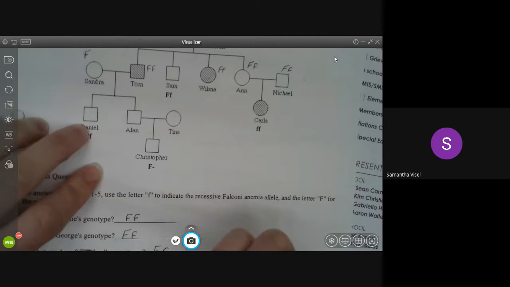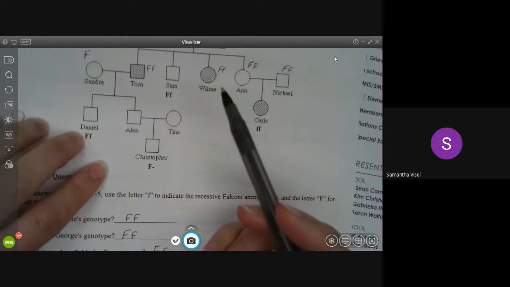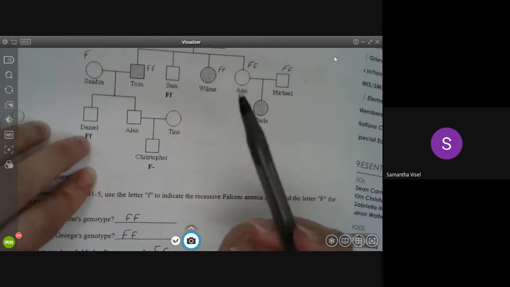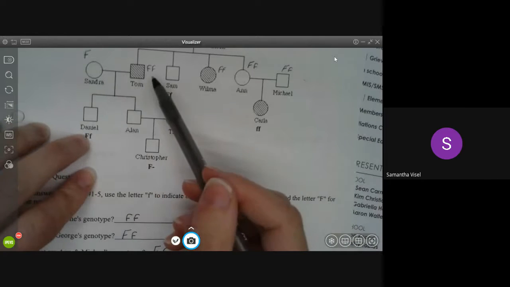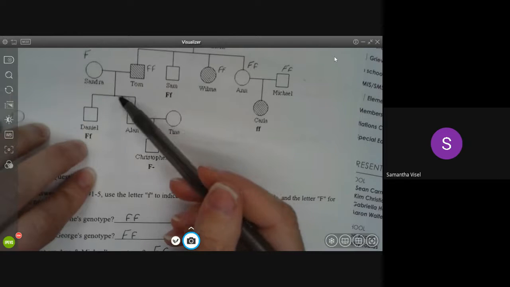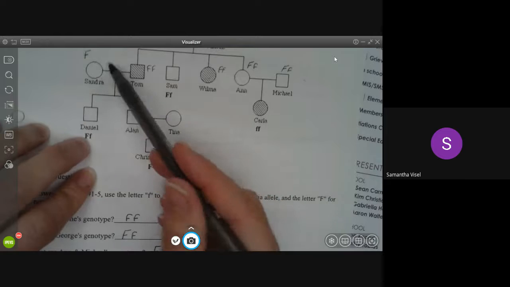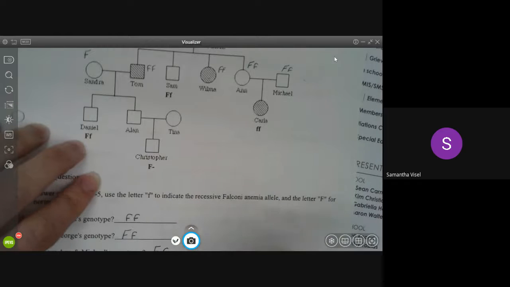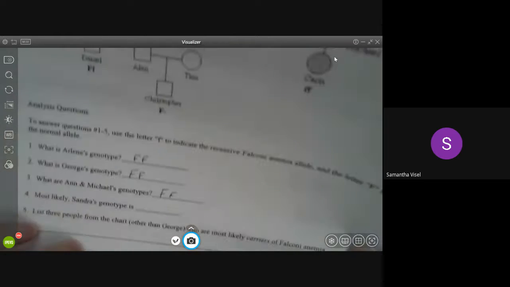We don't know for certain because, again, it's principles of probability. She could be big F, little f and just happened, by chance, to give both of her kids the dominant allele. We don't know for sure.